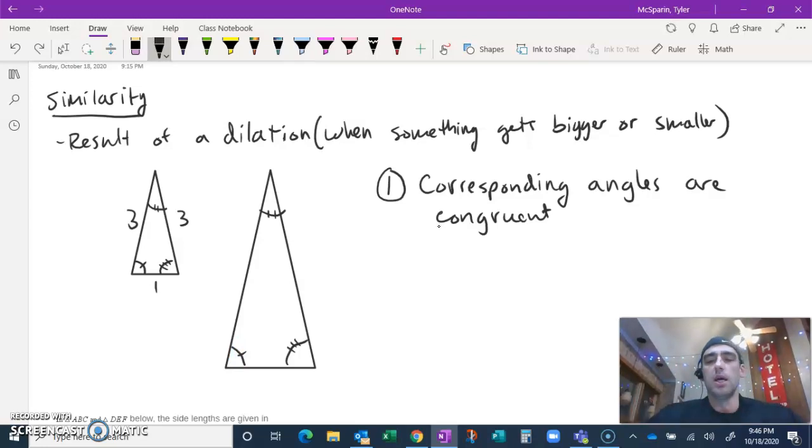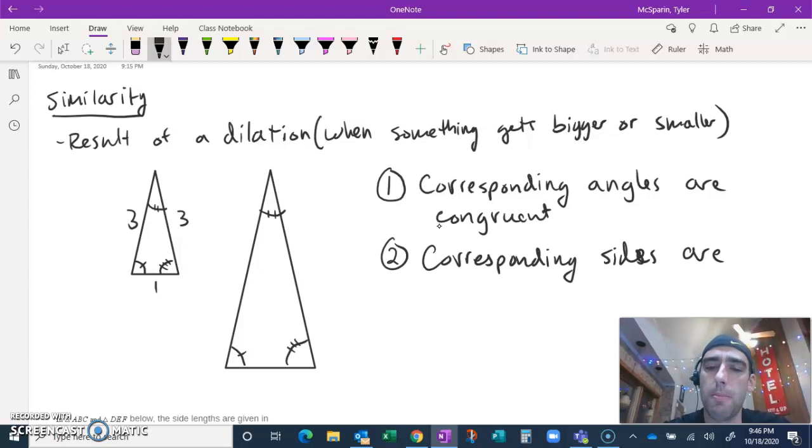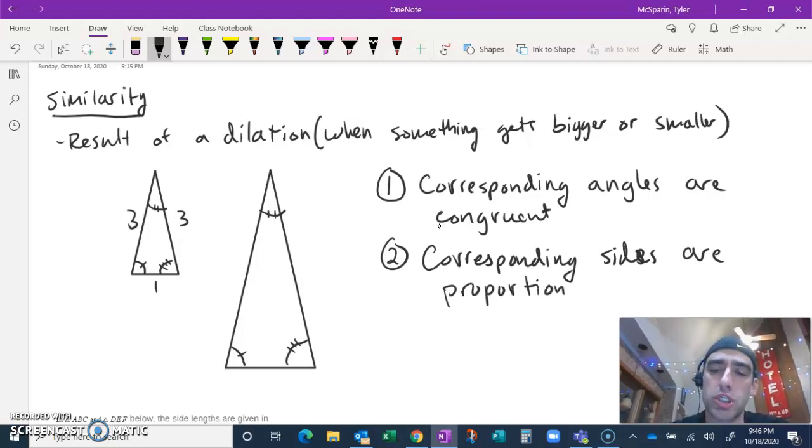Okay, so the second really important thing here is corresponding sides are proportional. What does proportional mean?